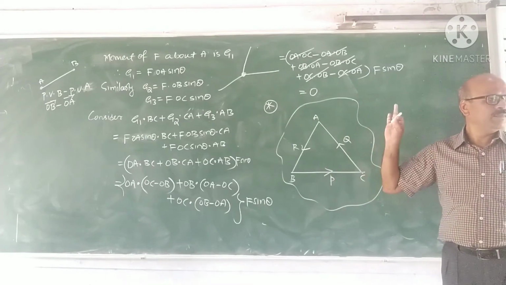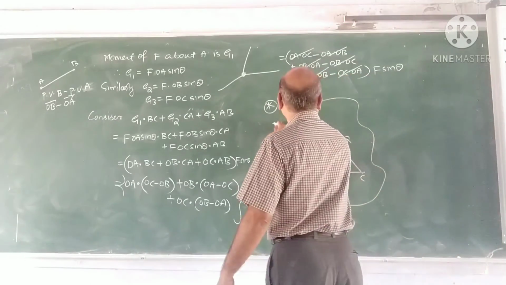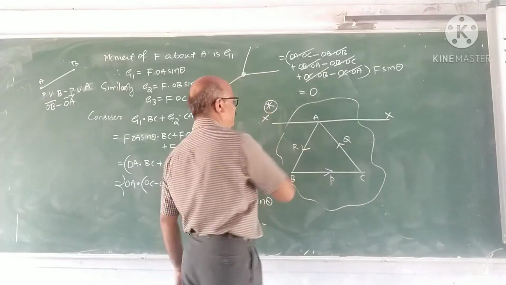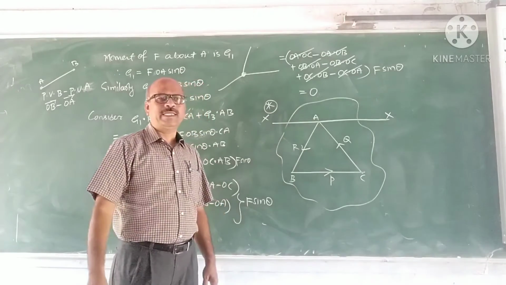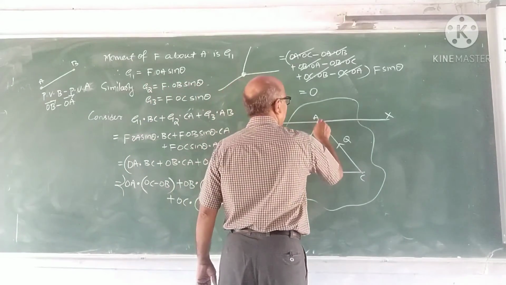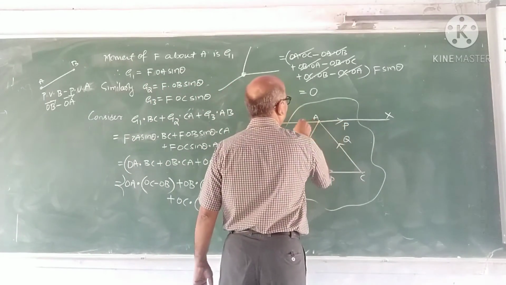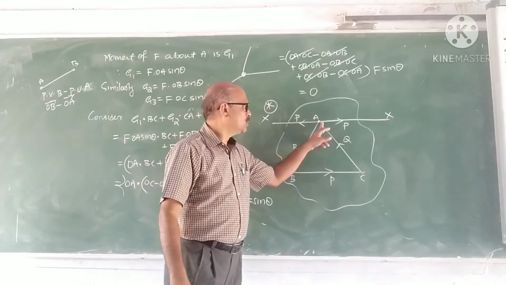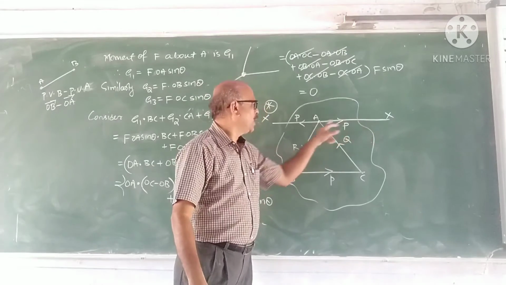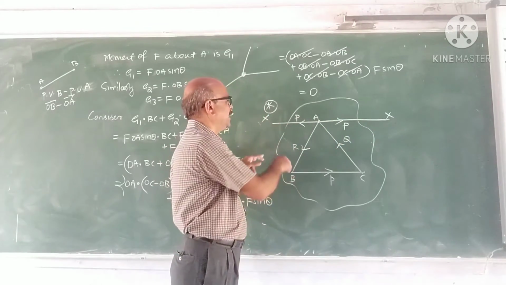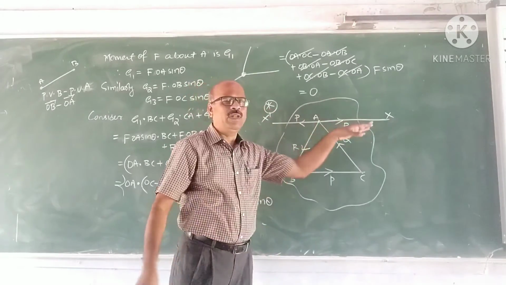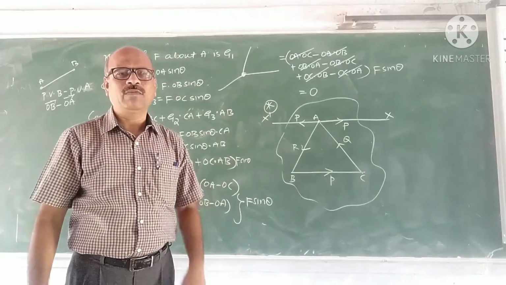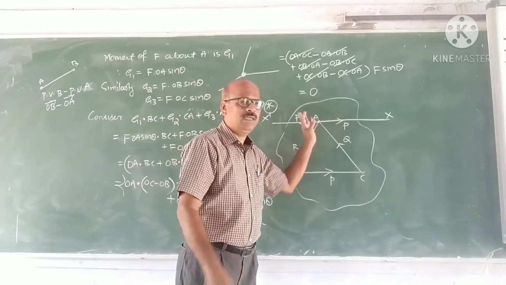How to prove this? To prove this, through A, draw a line XAX dash. And here, introduce two forces, equal and opposite, each equal to P. If you introduce two forces, P along AX and P along AX dash, they will have no effect on the equilibrium because they neutralize.